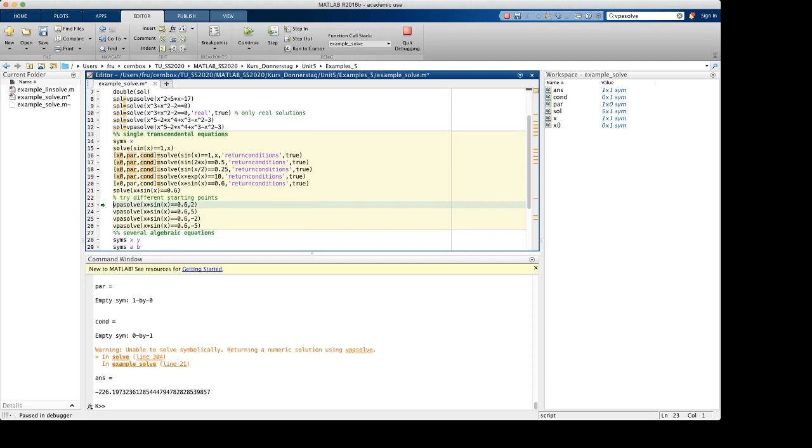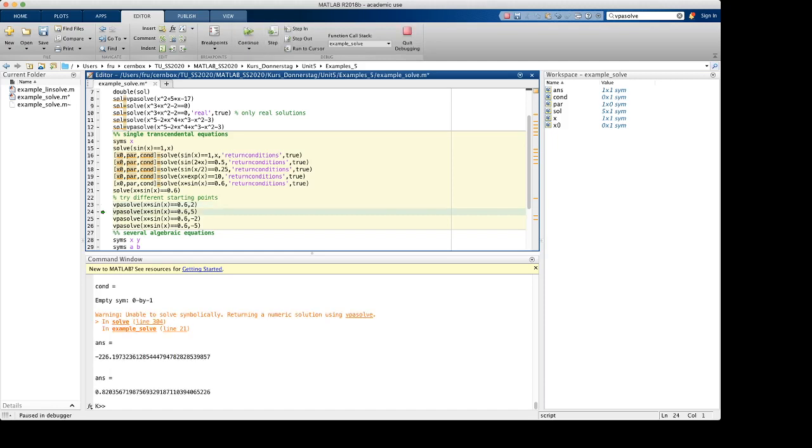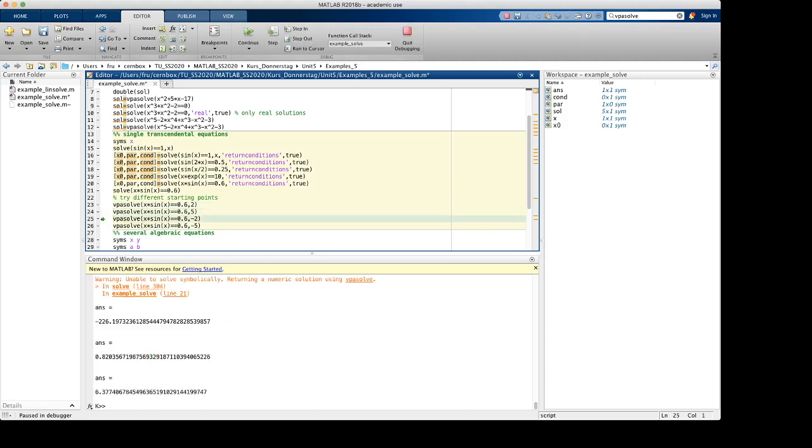For instance, we can instruct vpasolve to find a solution with starting point 2, and it finds 0.82. Let's try a different starting point, let's say 5, and we get a different solution. We can try minus 2 and minus 5.